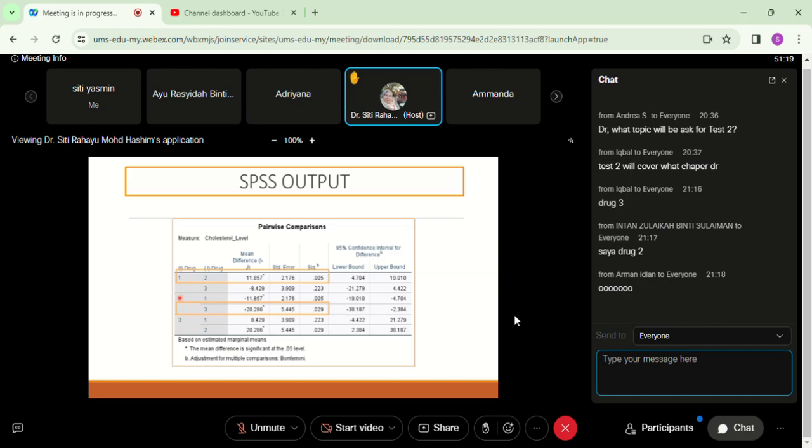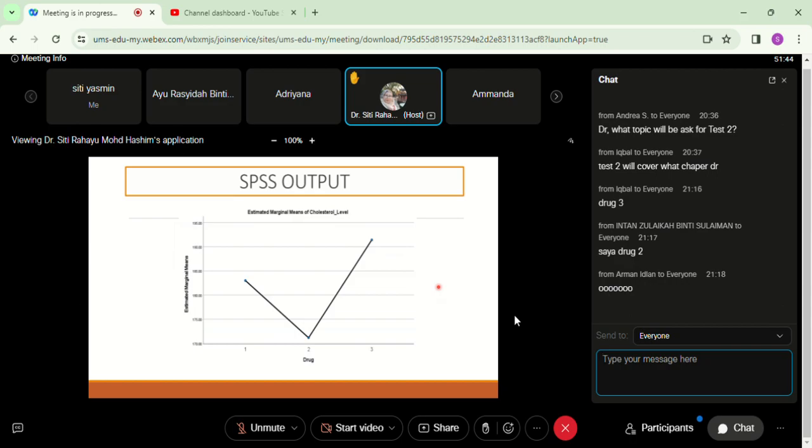But antara 2 dengan 3, you dapat difference negative 20. It means that nilai 2 ini lebih rendah daripada nilai 3. That's why kita dapat negative. So it means that drug 2 also can decrease your cholesterol level significantly compared to drug 3. Itu maksud dia.